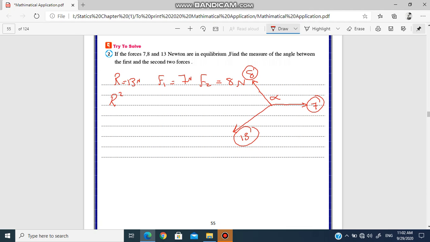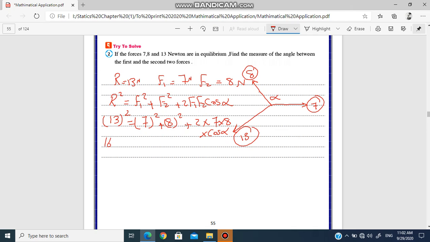So R square equals F1 square plus F2 square plus 2 F1 F2 cosine alpha. So 13 power 2, which is 169, equals 7 power 2 plus 8 power 2 plus 2 times 7 times 8 times cosine alpha.